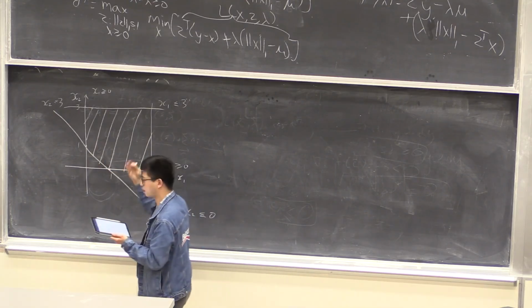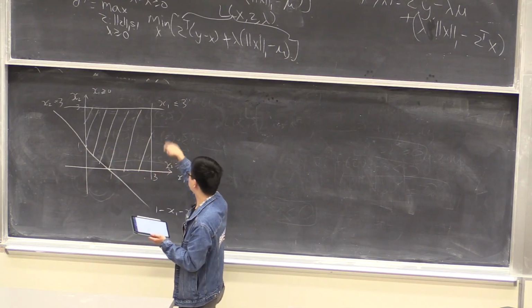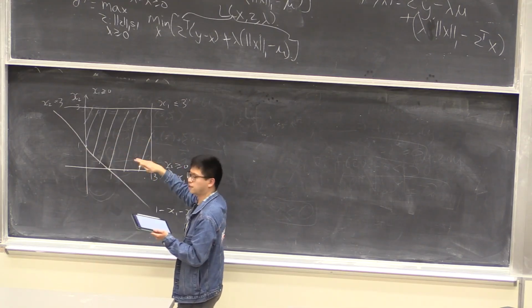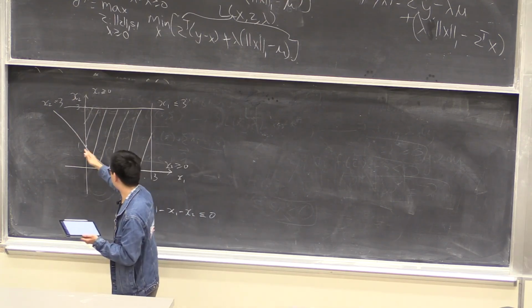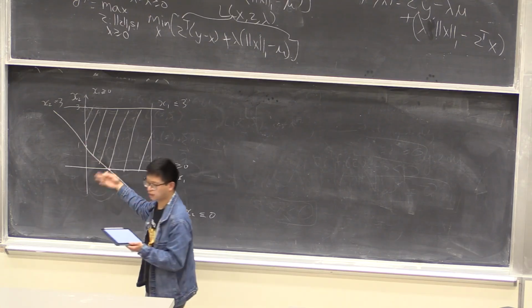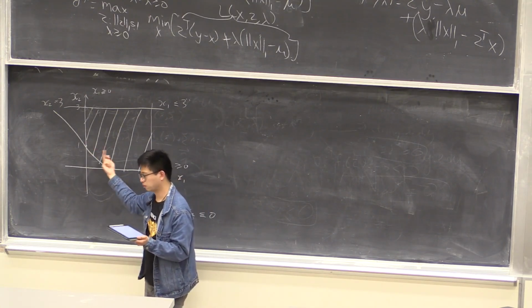So we can evaluate the objective on each vertex, and basically everything on this line evaluates to the same optimal value, which is 1.